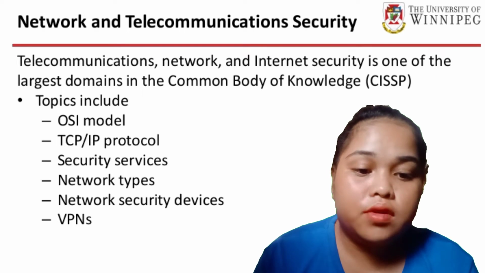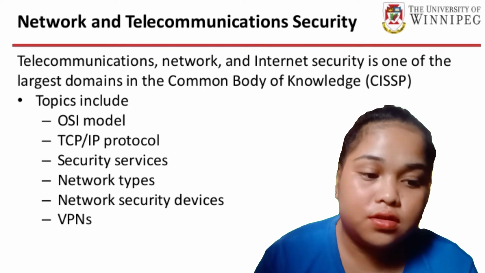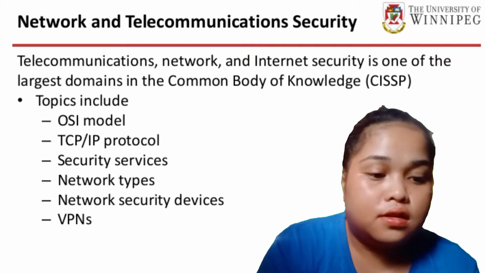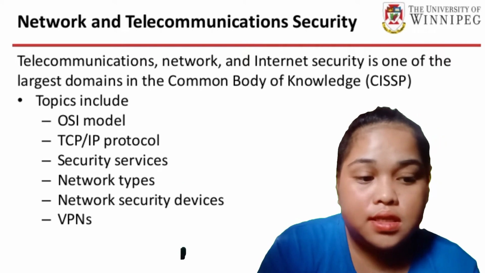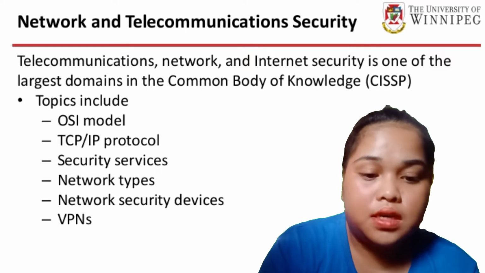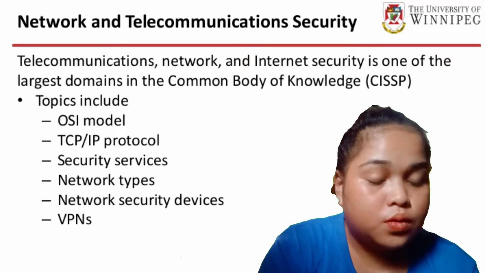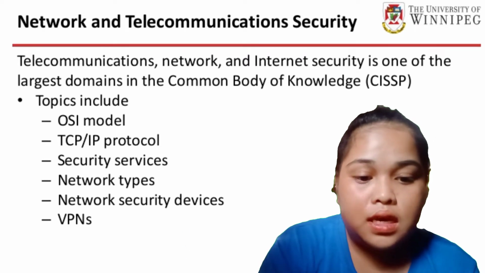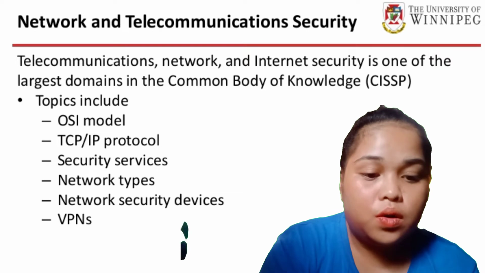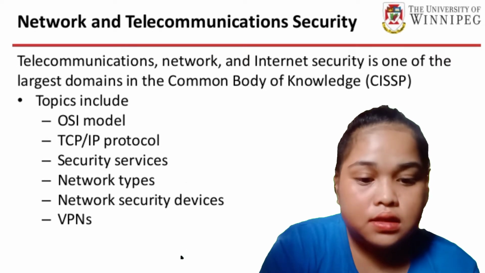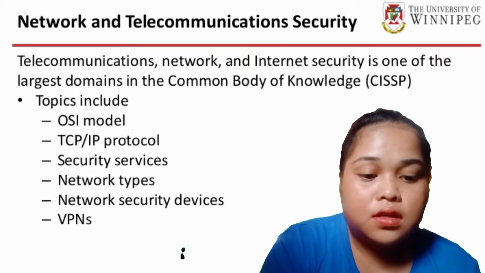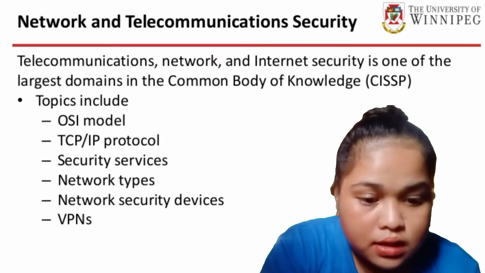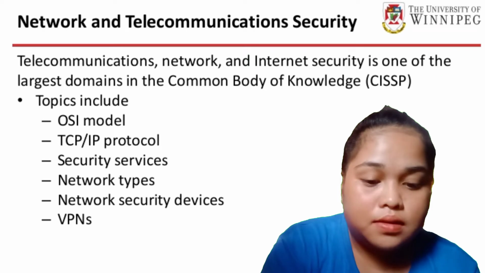Telecommunication, network, and internet security is one of the largest domains in the common body of knowledge, the CISSP. The topics include the OSI model, TCP/IP, security services, network types, network security domain or devices, and VPNs.